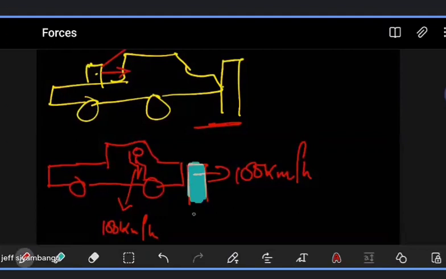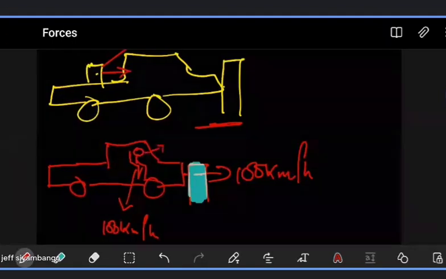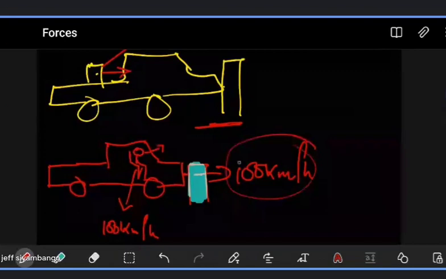Once it hits, the whole frame of the car stops. But you, who are just seated in the car, do not hit the frame or this object, implying that you will keep moving with the same velocity that you had, that 100 kilometers per hour. So it's your body resisting the change.